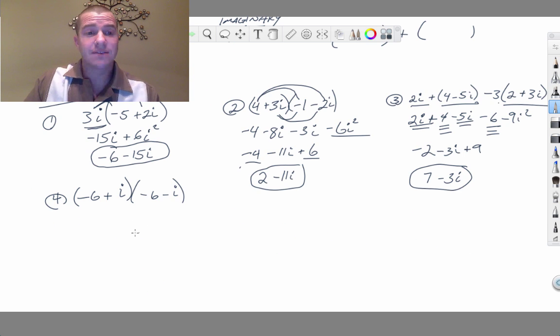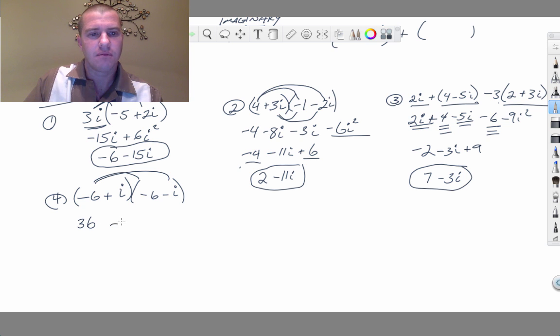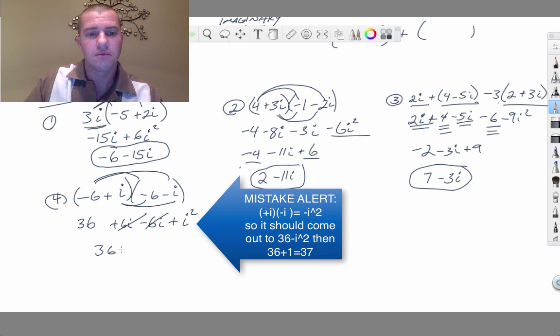And for this last one, when I distribute twice, I first distribute the negative 6, that becomes positive 36, plus 6i, this becomes minus 6i, and this becomes positive i squared. 36, these two will cancel out. And then this, because it's just i squared, becomes minus, and that coefficient is 1. So it becomes 35.